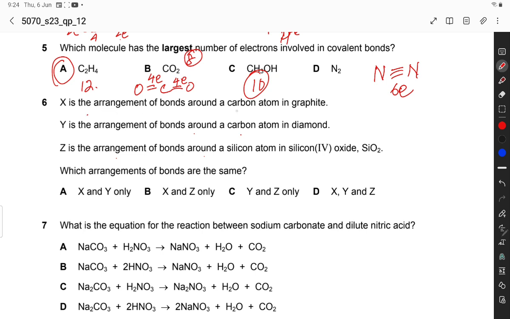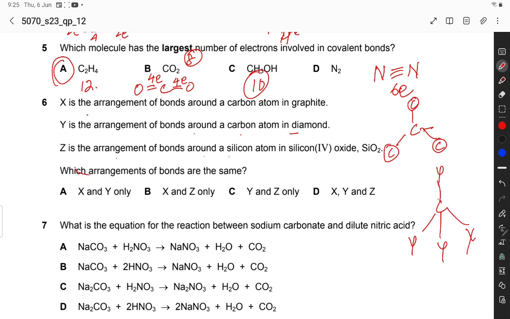X is the arrangement of bonds around a carbon atom in graphite, and Y is the arrangement of bonds around a carbon atom in diamond.